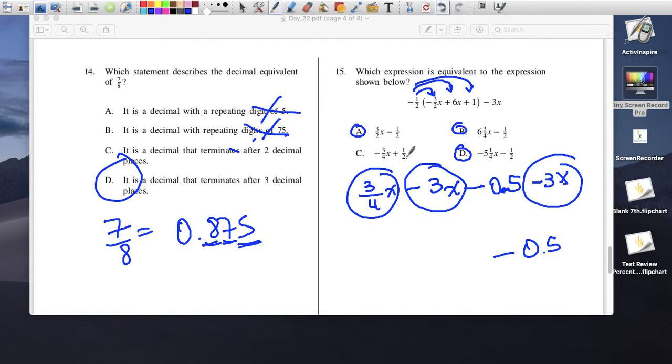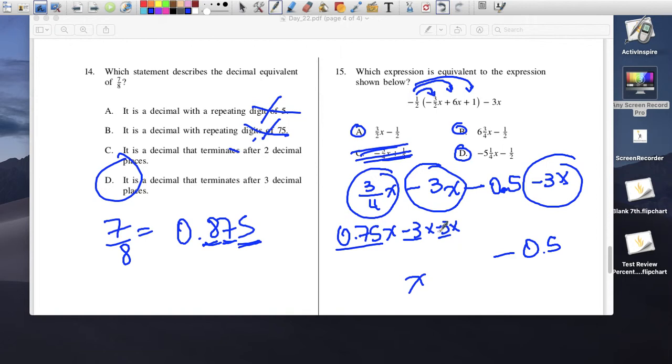But this one says plus a half, and it's not plus a half, it's minus a half, so I can disregard it right away. Let's combine the other 3. I'm going to change 3/4 x to 0.75x, minus 3x and minus 3x. In your calculator, leave the x outside: 0.75 minus 3 minus 3.